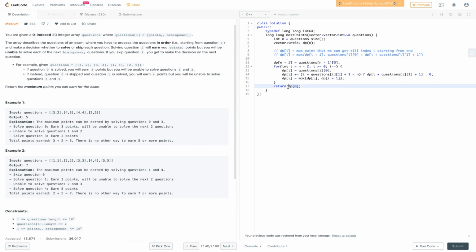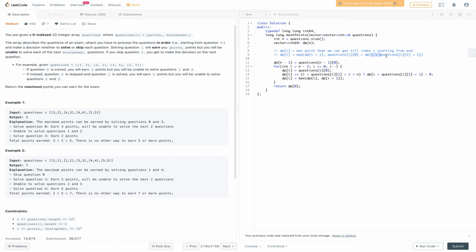Okay, so just to be very clear here, it does not mean that we are always solving the question at index I. It just means that we have the option of solving a question at a given index, or we cannot solve it. If we consider solving that question, we would add the points that we would gain out of solving that question plus the maximum point that we would have gained till index I plus questions I[1] plus 1, because we have to skip the questions in between.